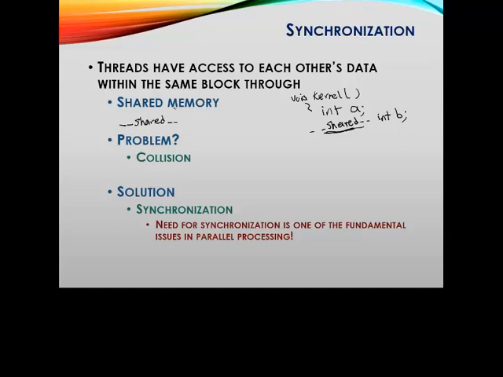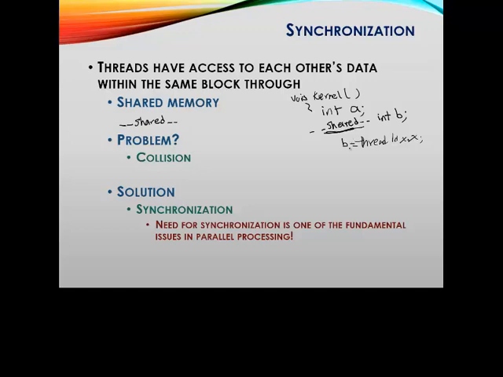However, there's a problem. Since all threads within the block will have access to this piece of memory, there is going to be a collision happening. For example, if I have a kernel and I say int a equals that, and then __shared__ b, and then I say b equals threadIdx.x.